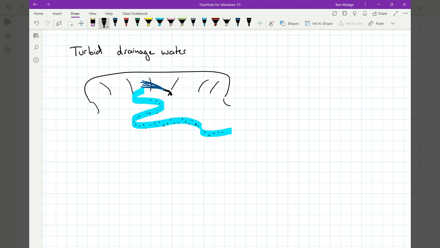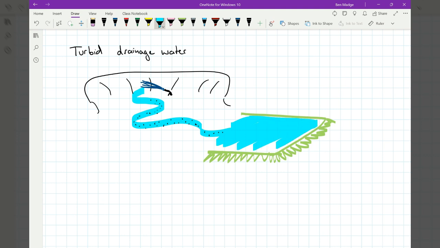What way we can mitigate this is to have a sedimentation lagoon. So we build a catchment lagoon, sort of with an embankment to retain the water. The water is kept inside of it, and this will be retained for long enough. So this is a sedimentation lagoon.